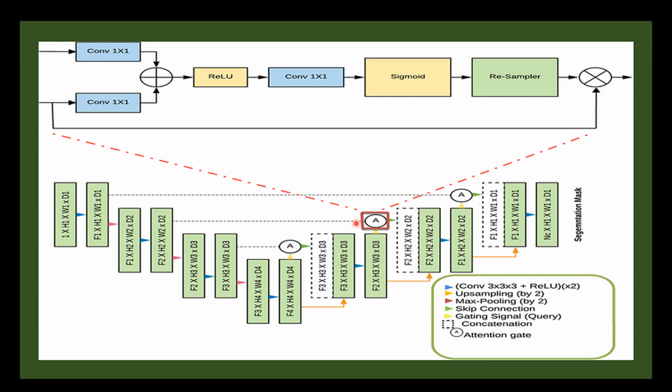So imagine a photograph of a cluttered room with various objects such as furniture, people and personal belongings. So the goal of Attention UNet is to identify each object and segment them accurately. So by incorporating an attention mechanism, Attention UNet can selectively focus on important regions of the image such as the object of interest while suppressing less relevant information.